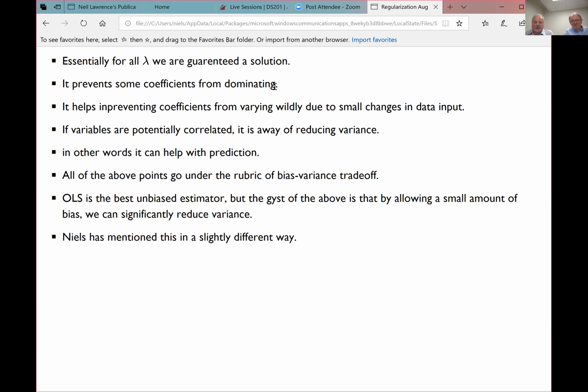As my last bullet point said, Niels made this point in week 1 in a slightly different way, but this is exactly the point. The whole point is that ridge and lasso reduce variance and the noise in your coefficients, and that makes them better for predicting. Okay, so that's really why we do it.